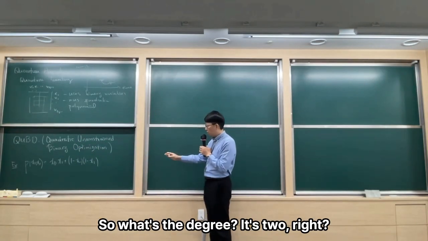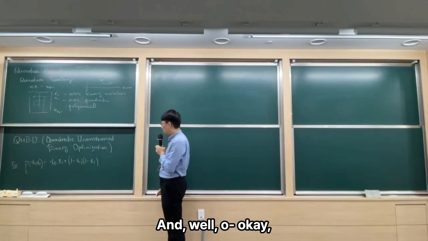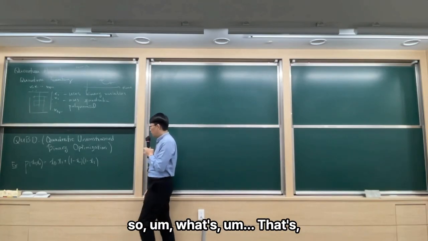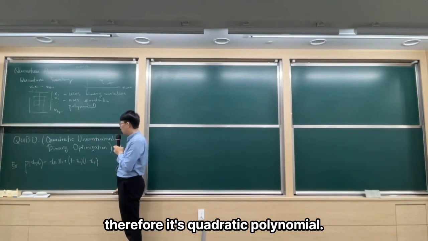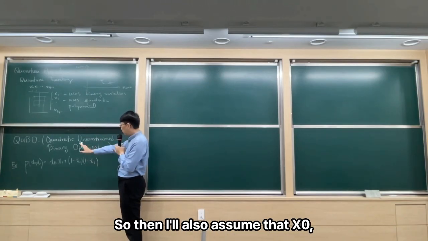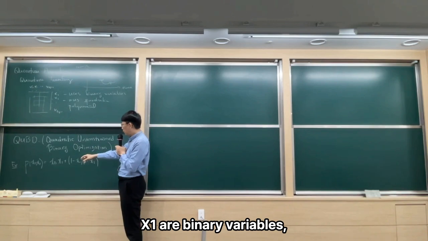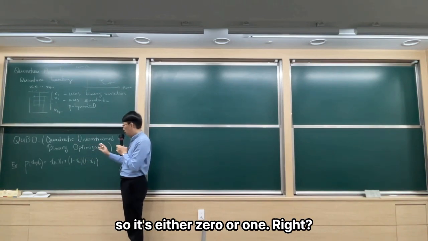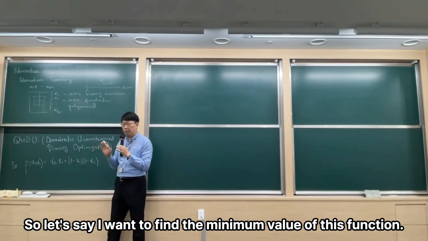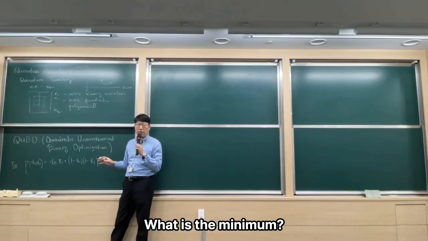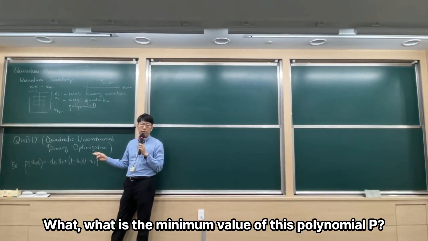What's the degree? It's 2, right? Therefore it's a quadratic polynomial. And I also assume that x0, x1 are binary variables, so each is either 0 or 1, right? Let's say I want to find the minimum value of this function. What's the minimum value of this polynomial p?